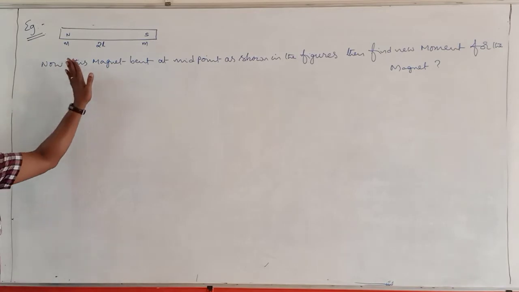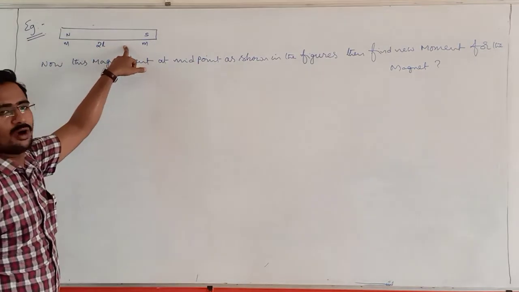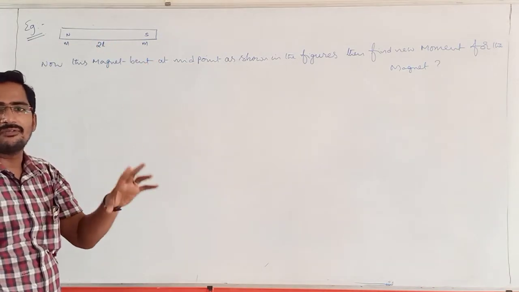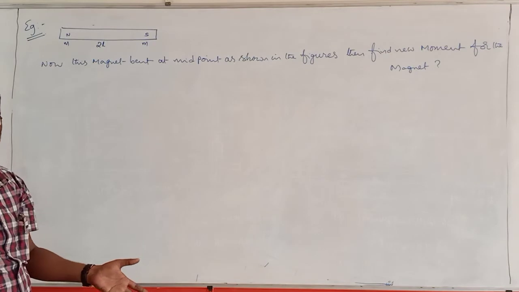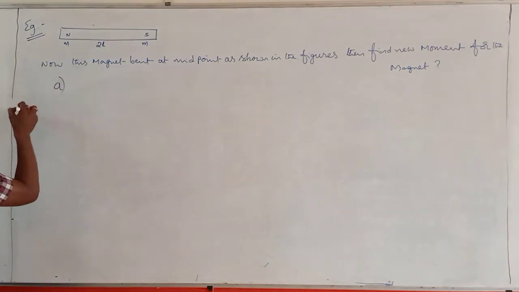As shown in the diagram, if this magnet was bent, what is the magnetic moment after being bent into that shape? What are they giving in the diagram? Diagram 1.